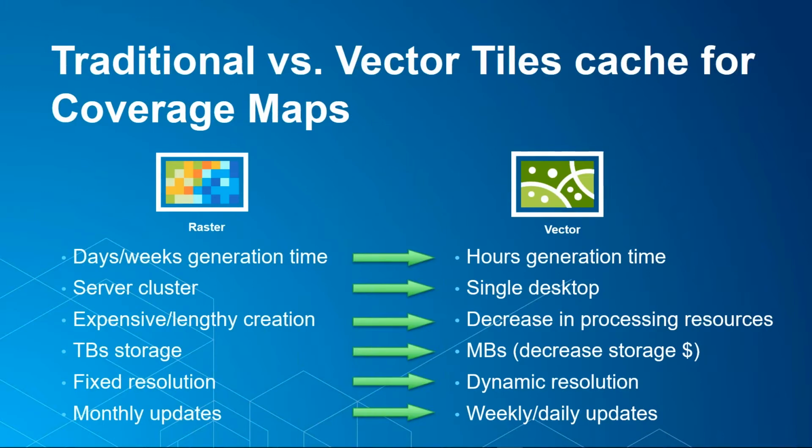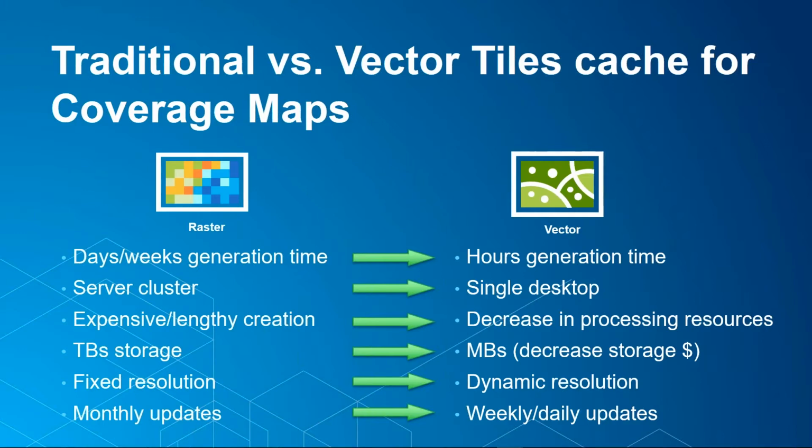And with vector tiles, you're actually storing the entire feature instead of just taking a snapshot or an image of a particular coverage area. So the amount of time that it takes to generate and publish up and cache a large scale vector tile coverage map is just hours versus days or weeks. You can do it from a single desktop computer instead of a whole server cluster to be able to process that and publish it up.